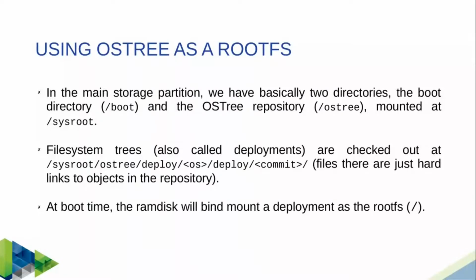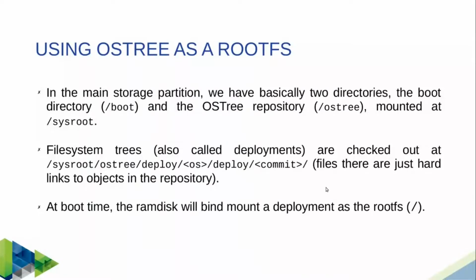That's how it's going to basically work. So you have your root file system as a checkout directory from the repository, and at boot time, the initrd will bind mount this at the / directory and switch root to it. And then you're going to see in the end just your usual root file system.